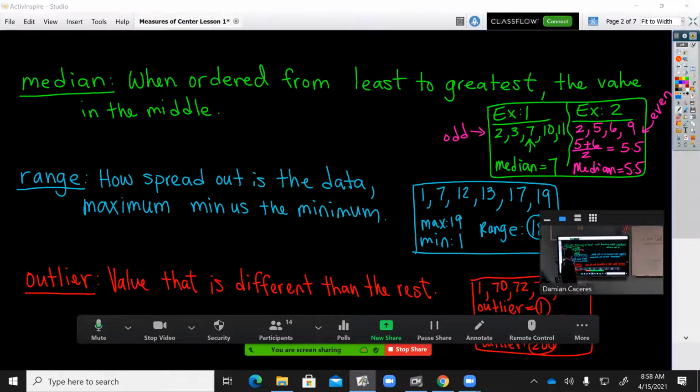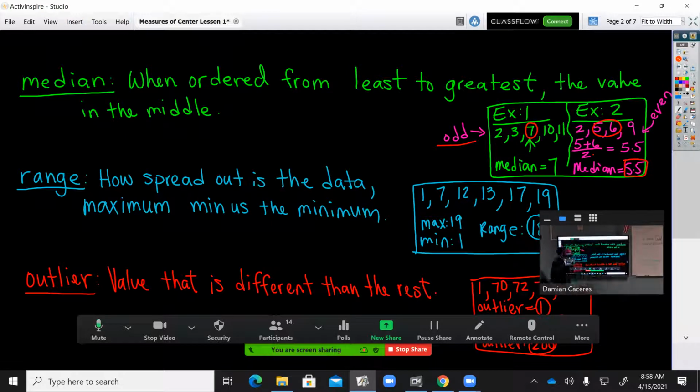Now I have 2 examples here because if you have an odd amount of values, like here, 5 total values, then there's going to be one number in the middle, that's 7. But if it's an even amount of numbers, like this right here, 2, 5, 6, 9, then you have to grab the 2 in the middle, add them, and divide by 2, which gives you 5.5, and that will be your median.